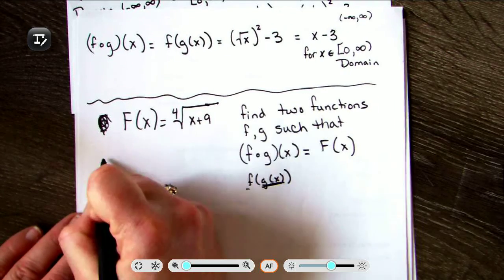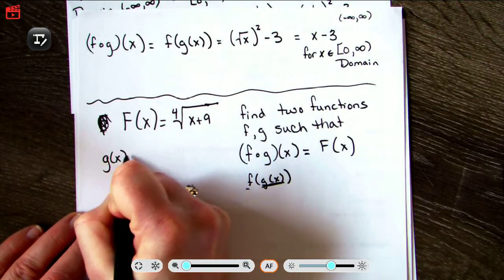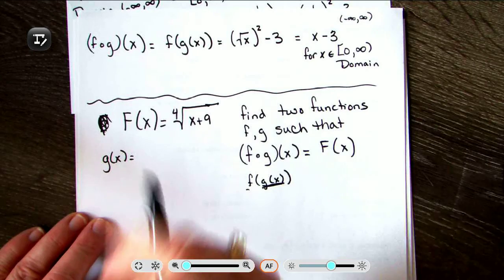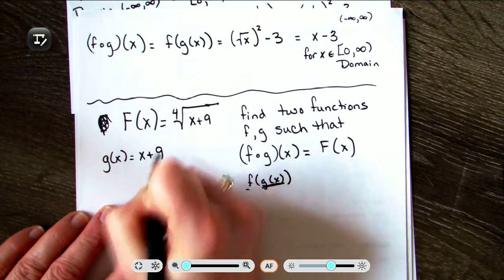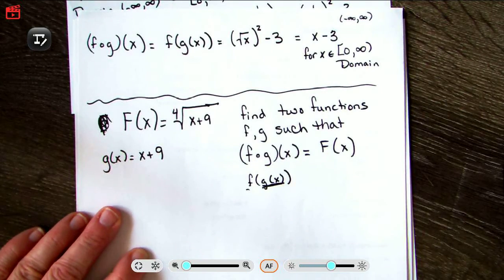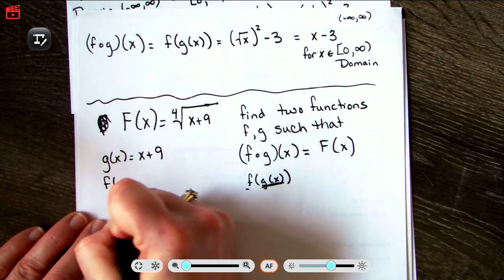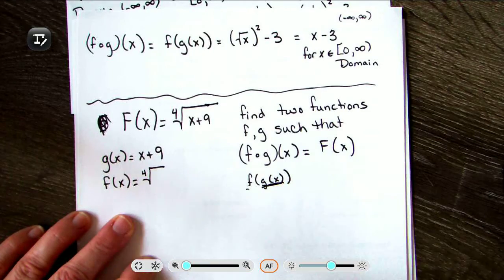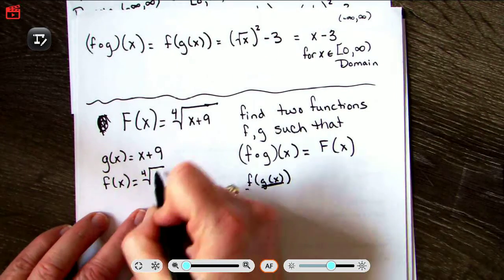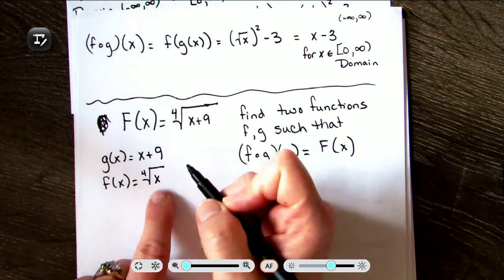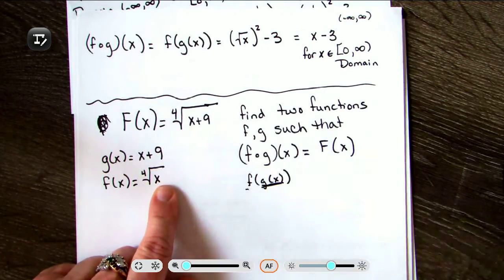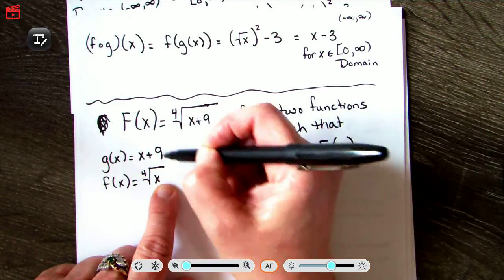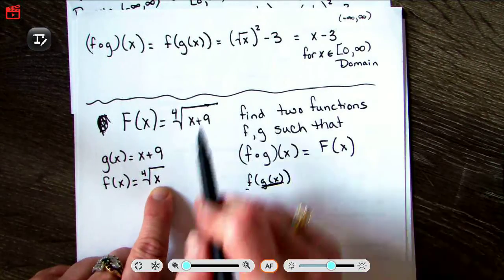Since I see that, that means my g function is going to be the inside piece. That's the inside function, and the function it is inside of is that 4th root. You can't have the 4th root of nothing, so you have to have the 4th root of that piece. And if you check, if I put this into here where the x is, I will get that.